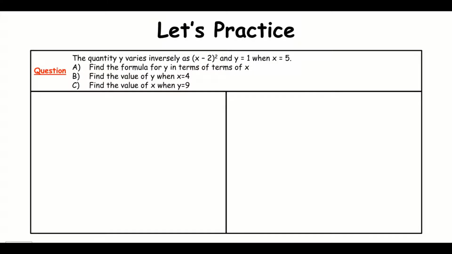Alright, so in our next question, it says the quantity y varies inversely as (x minus 2) all squared, and y is 1 when x is equal to 5. A. Find the formula for y in terms of x. B. Find the value of y when x is equal to 4.